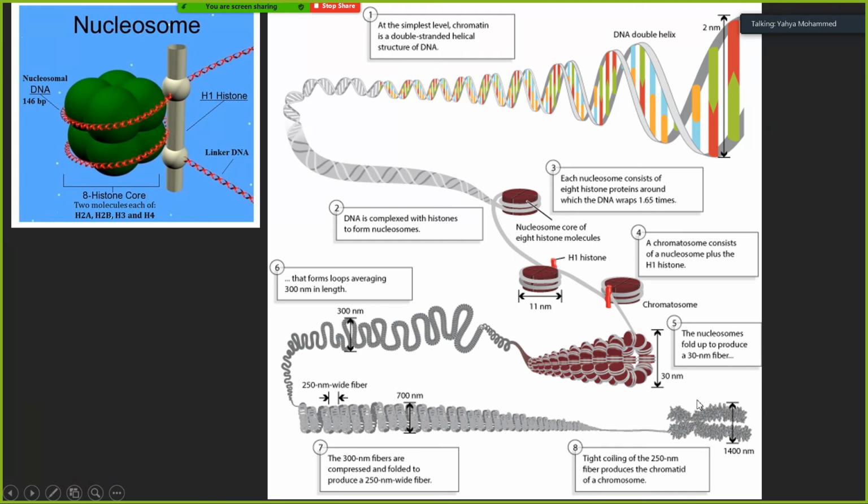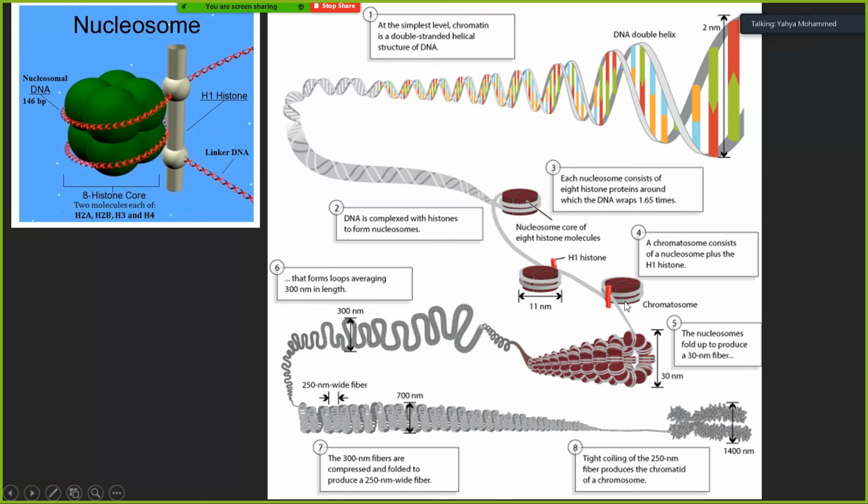You see this picture on the bottom right. You guys have probably seen pictures like this, right? If you zoom in one part at a time, this is how it's organized. At the beginning, you have the DNA. It's wrapped around these histones to form nucleosomes.